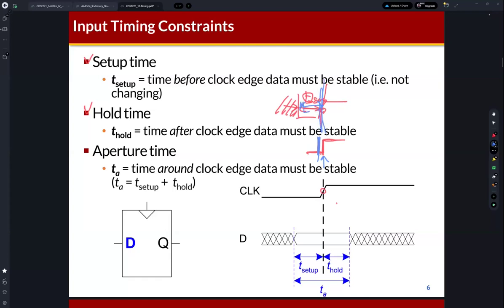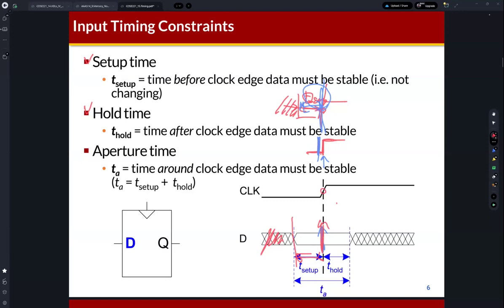So the input signals need to be stabilized setup time before the rising edge of the clock. So this is the rising edge, and before it, by the setup time, the input needs to be stabilized. So this time is called the setup time.